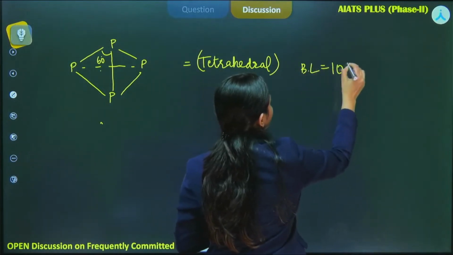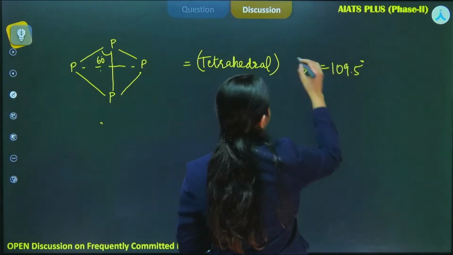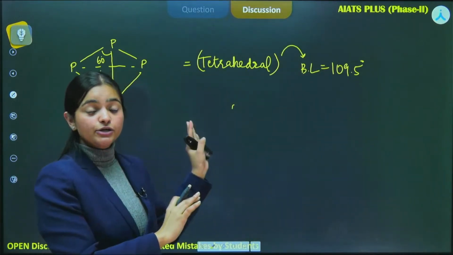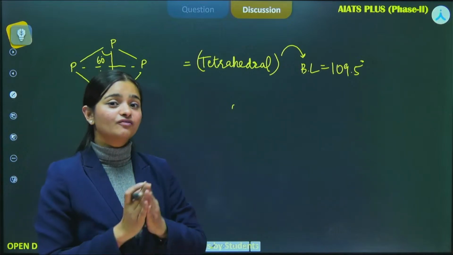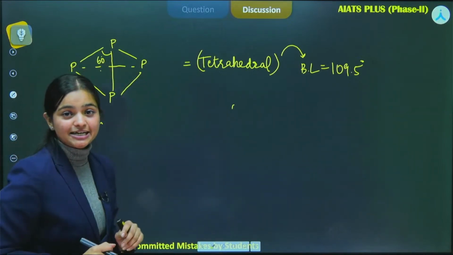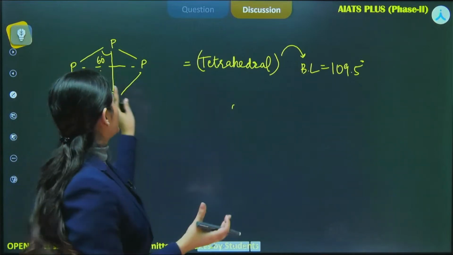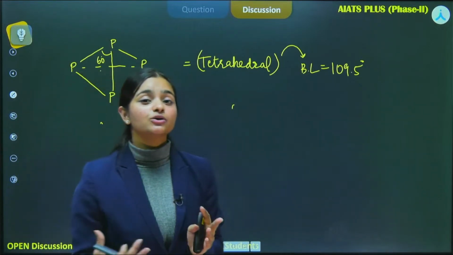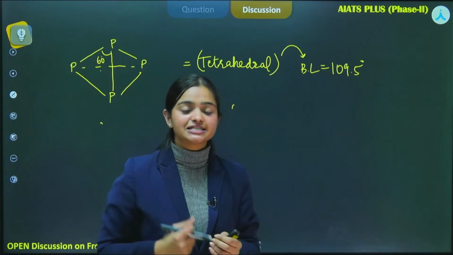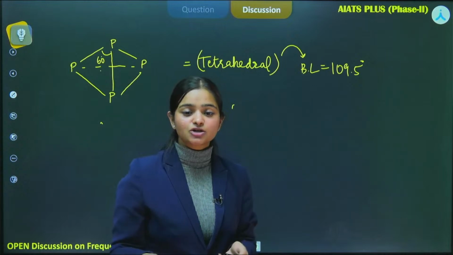So ideally the P4 molecule should have shown an angle of 109.5 degrees, but it shows 60 degrees. This marks that the structure has some angular strain, and that's why we say the P4 molecule is very unstable.